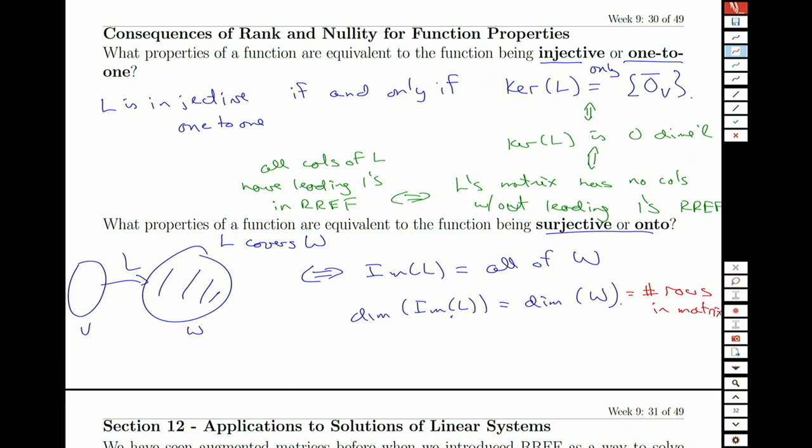Because if I have a 3-row matrix, my output's 3-dimensional. And that means this is the number of leading ones in our REF. And so putting these 2 things together, every row in our REF has a leading one.